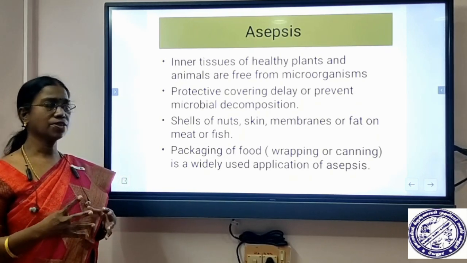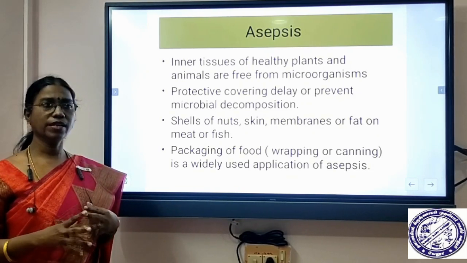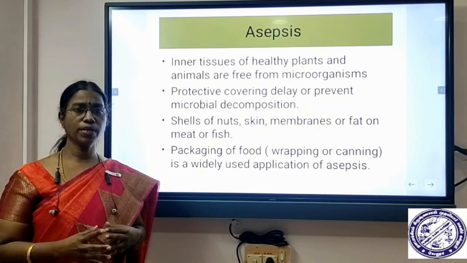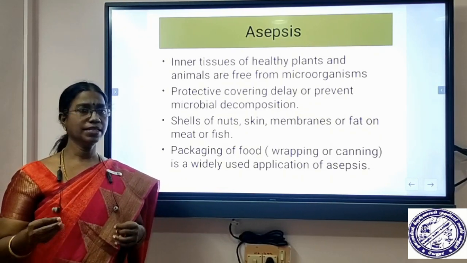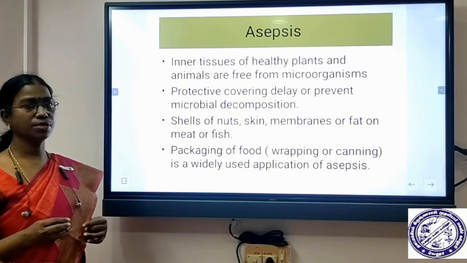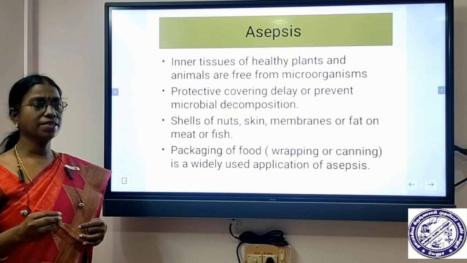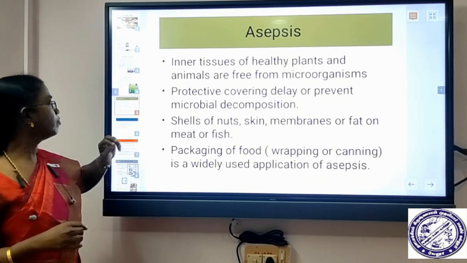This led to the discovery of packaging foods. When foods are properly packed, microorganisms cannot easily enter the food. This is known as asepsis, keeping the food sterile, away from microorganisms. This is one method of preservation.